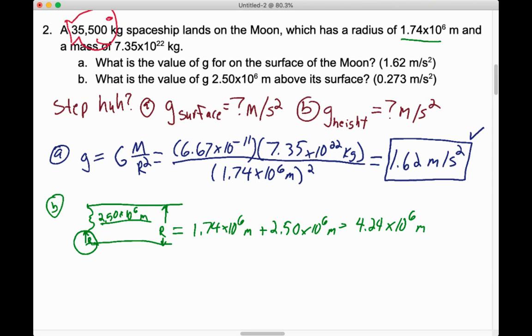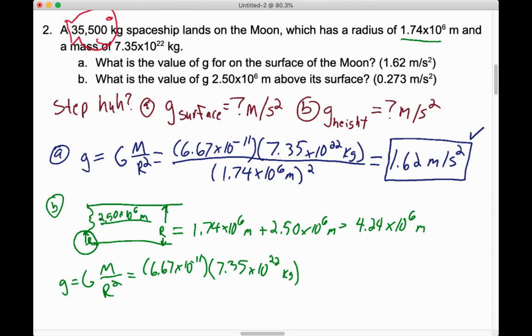From here, it's just plug and chug. g is equal to big G M over the R we're going to use, squared. Again, 6.67 times 10 to the minus 11th. The mass of the moon is still the same, 7.35 times 10 to the 22nd kilograms.